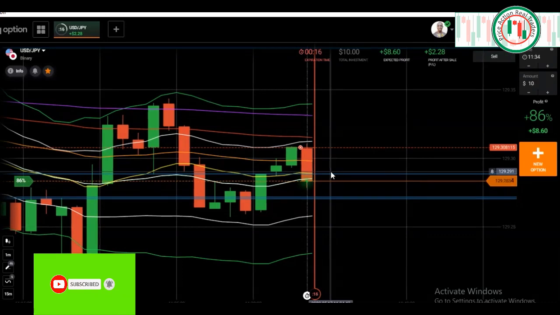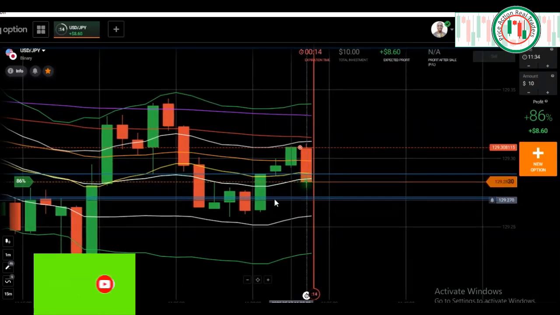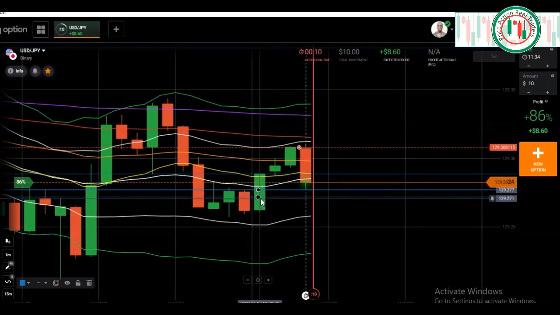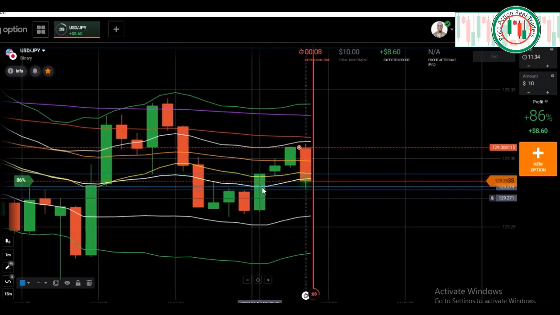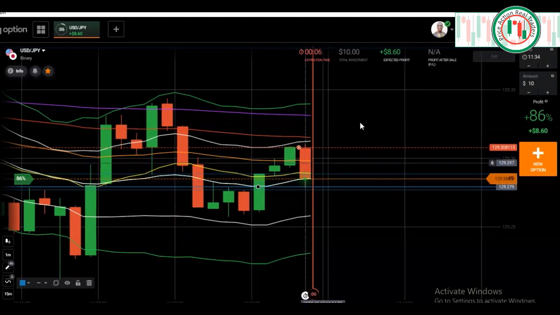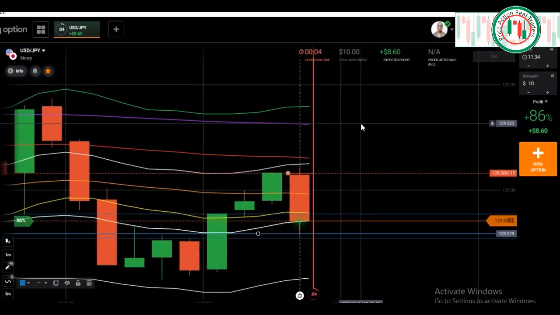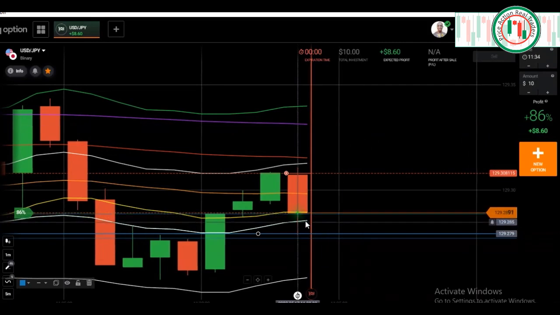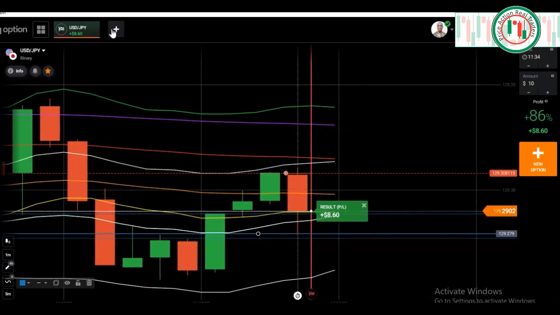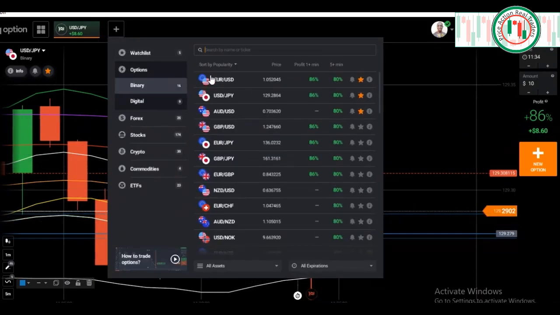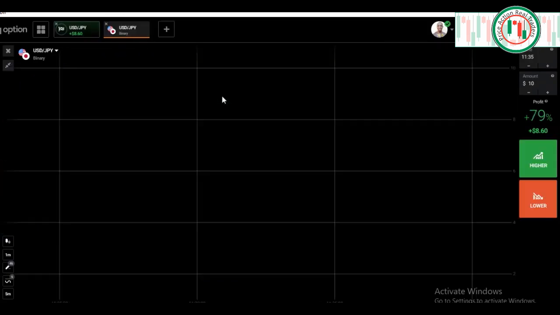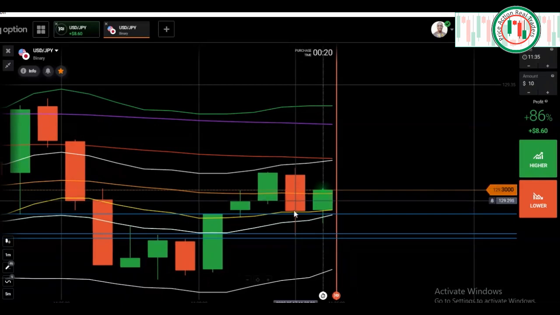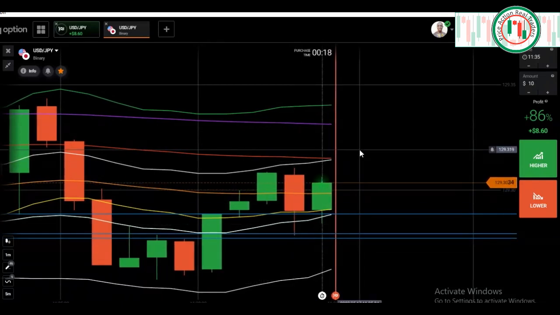So let's see. Here is another zone. You see rejection. See, this is a winning trade. But I know this market is trying to reverse.